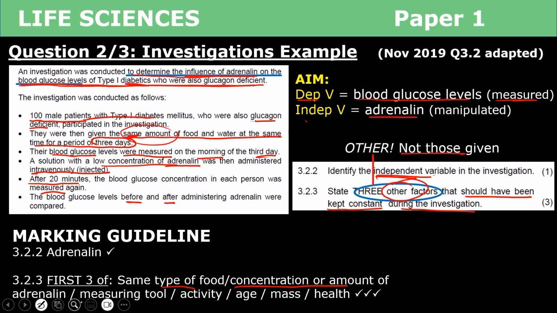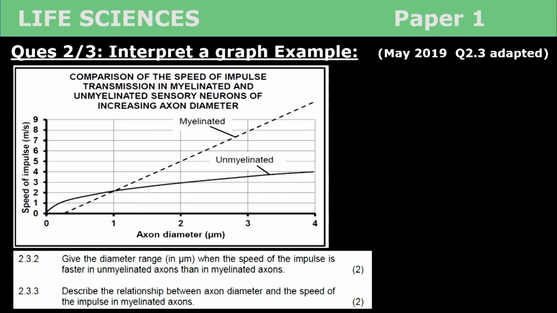The activity of these people, we don't know if they were exercising or not, the age, the mass, the health. So there's quite a lot of things that they should have mentioned here that they checked before conducting this investigation and made sure that they keep them constant. So you're going to give those.